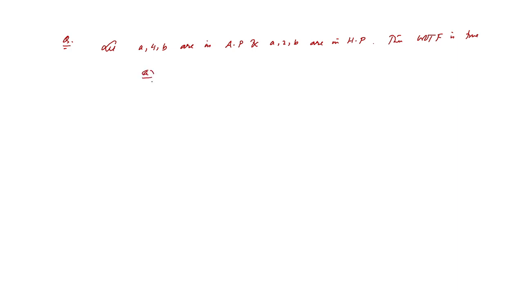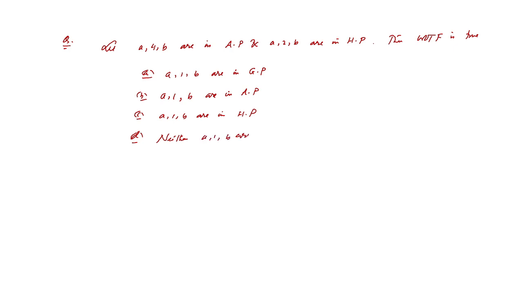Option A, a, 1, b are in GP. Option B, a, 1, b are in arithmetic progression. Option C, a, 1, b are in HP. And option D, a, 1, b are neither in HP nor in GP.